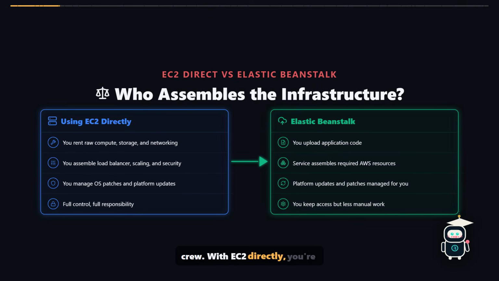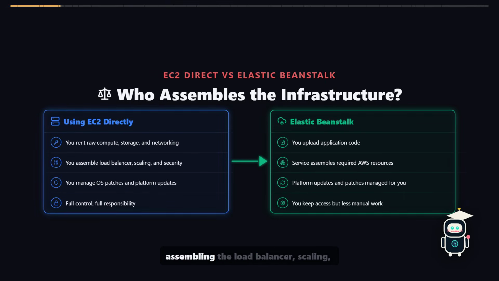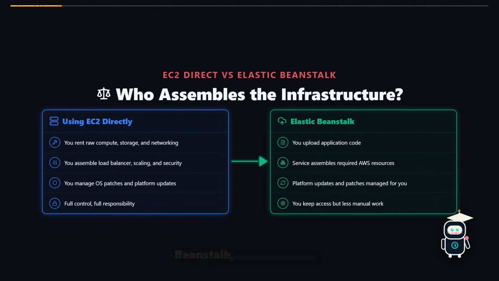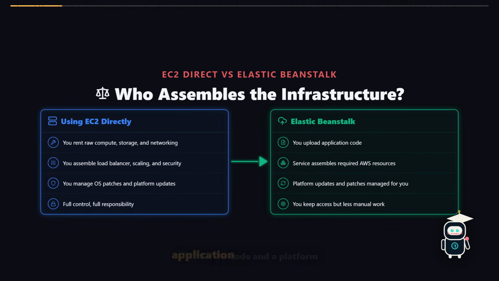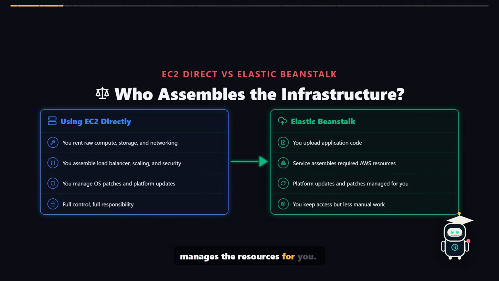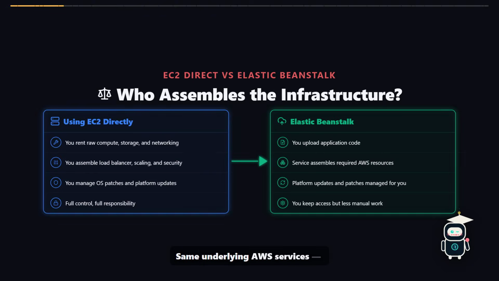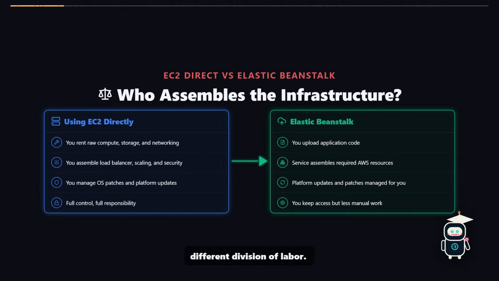With EC2 directly, you're renting compute and storage, then assembling the load balancer, scaling, and security yourself. With Elastic Beanstalk, you hand over your application code and a platform choice, and it assembles and manages the resources for you. Same underlying AWS services, different division of labor.